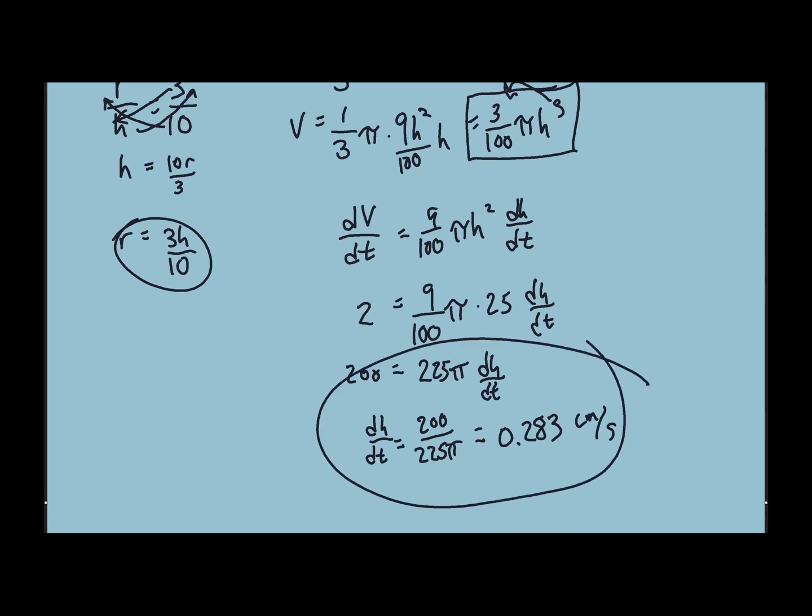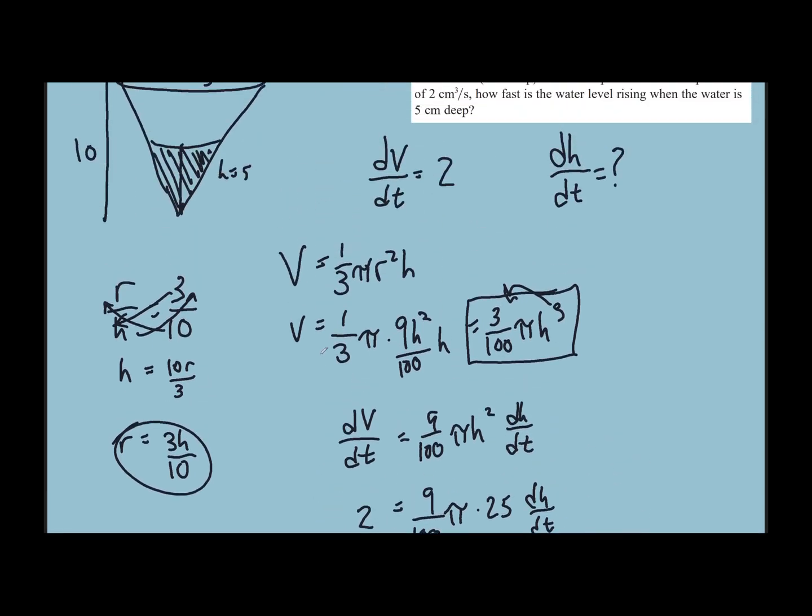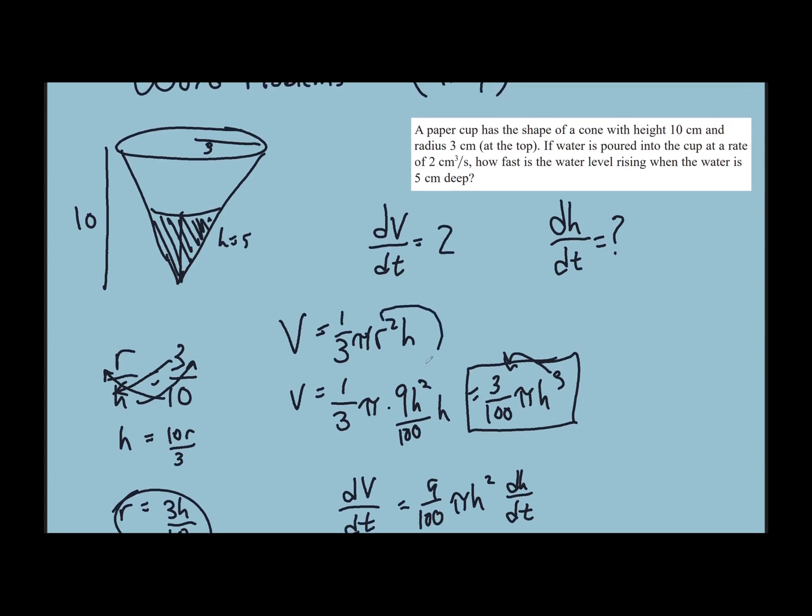And that's the answer. So these related rates problems are all about not making the mistake of leaving the chain rule out. But more importantly, when you have these multi-variable problems, you have to separate and identify a way to keep it all in terms of h or all in terms of r, whatever we're trying to solve.